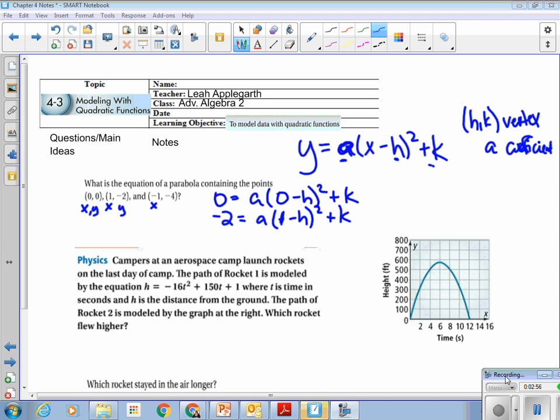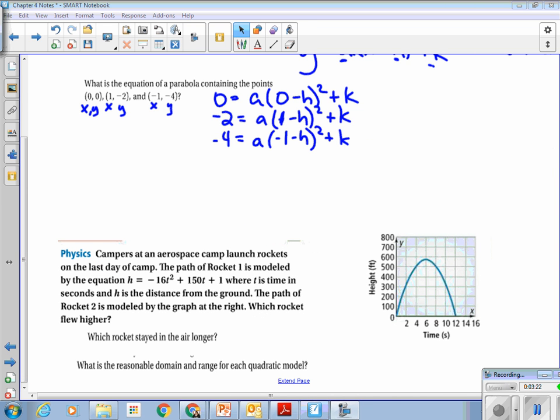And then for this one, I'm going to put in negative 4 for y and negative 1 for x. So I have 3 equations and 3 unknowns, which thank goodness we did that section last chapter on how to solve using 3 equations and 3 unknowns.